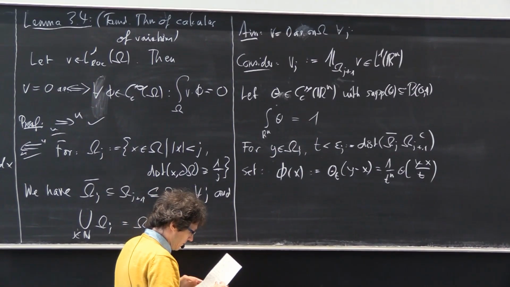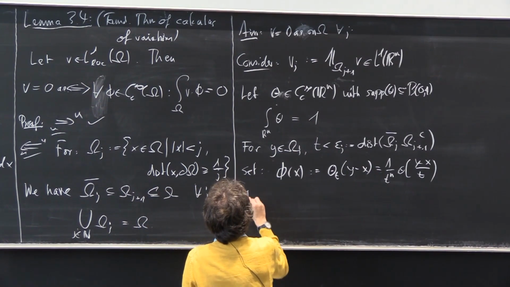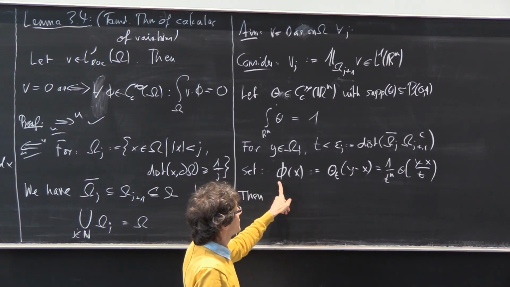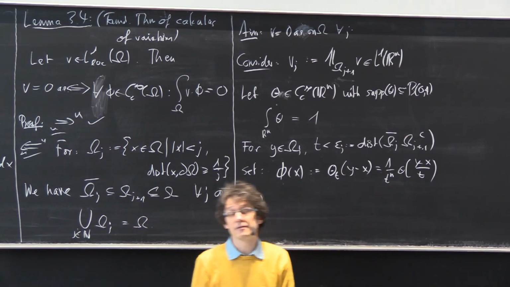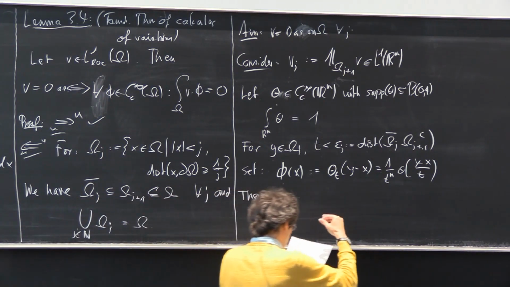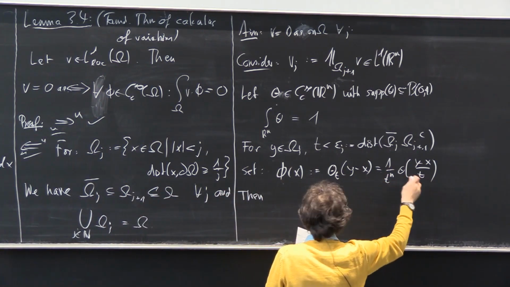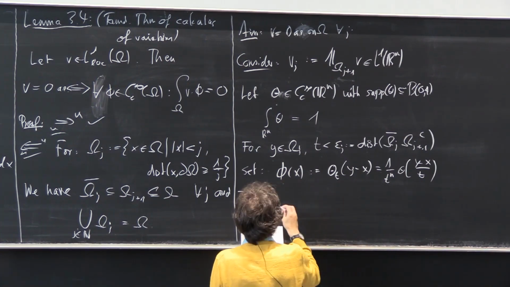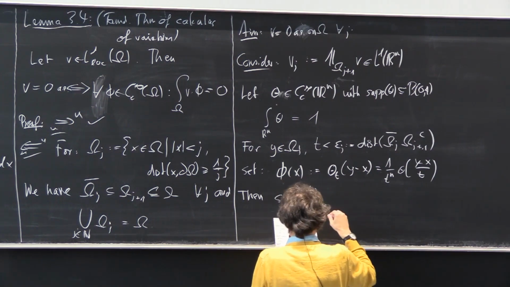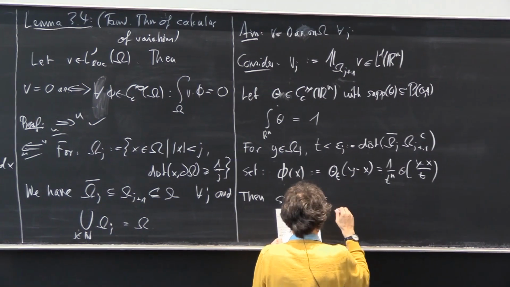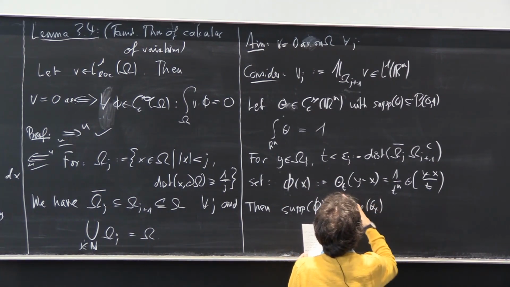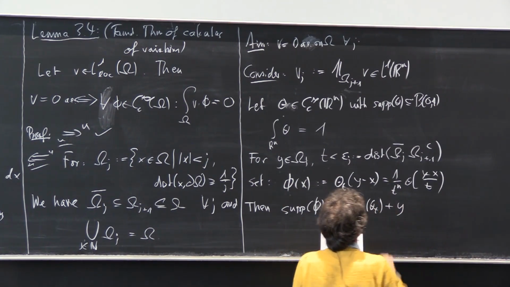And so what about this function phi here? This function phi is nicely differentiable because the function theta is nicely differentiable, so it's C infinity. And this, as I already told you, this scaling here makes that the support of phi, which is the support of theta t plus some y.